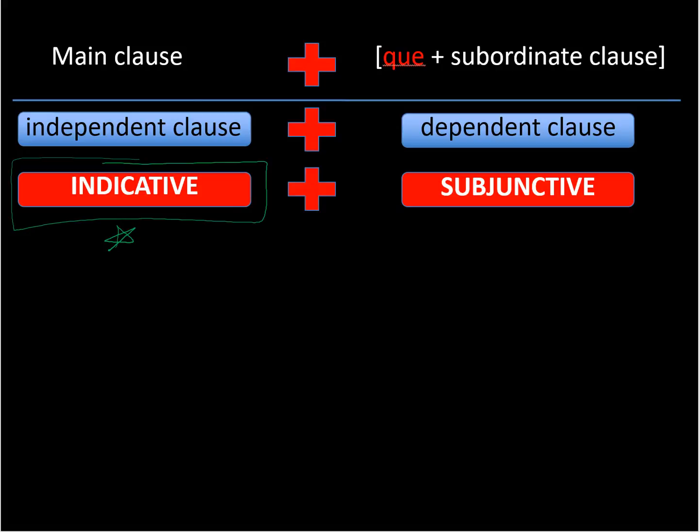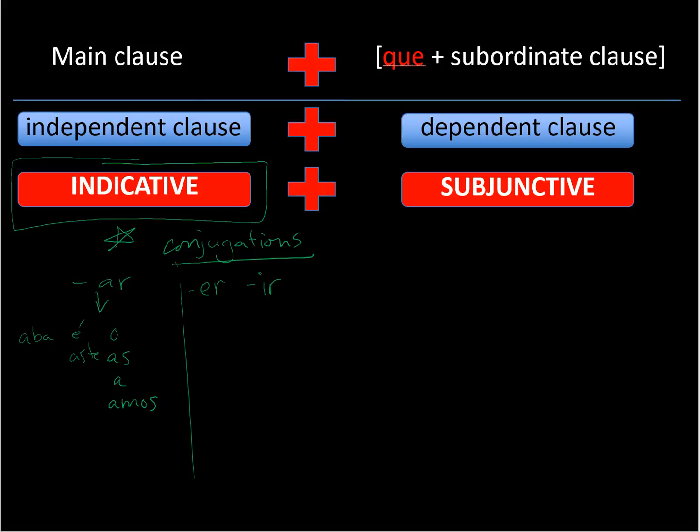An AR verb conjugates o, as, a, amos. Or in the past tense, it conjugates aste, or aba, right? Your ERs conjugate like an ER verb, your IRs like an IR verb. The indicative is everything you've learned about conjugations at this point, the way your verbs operate so far.